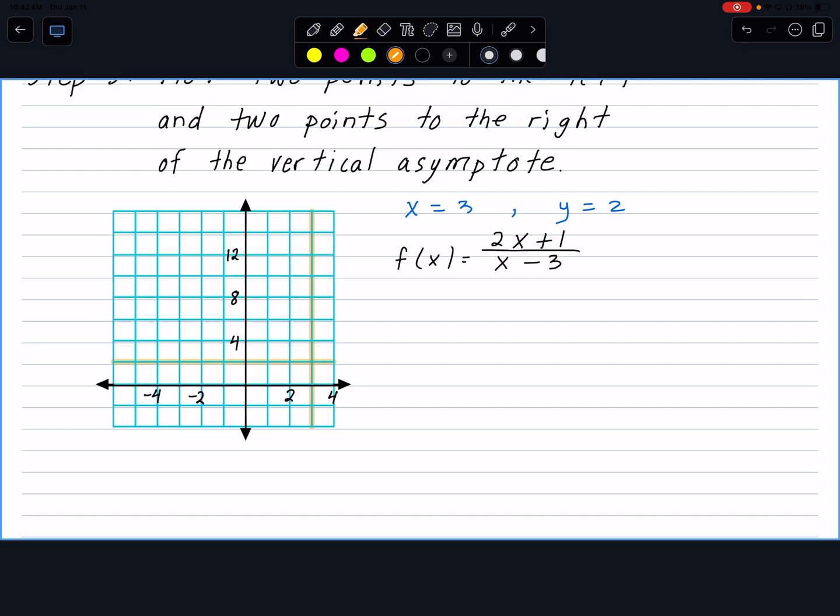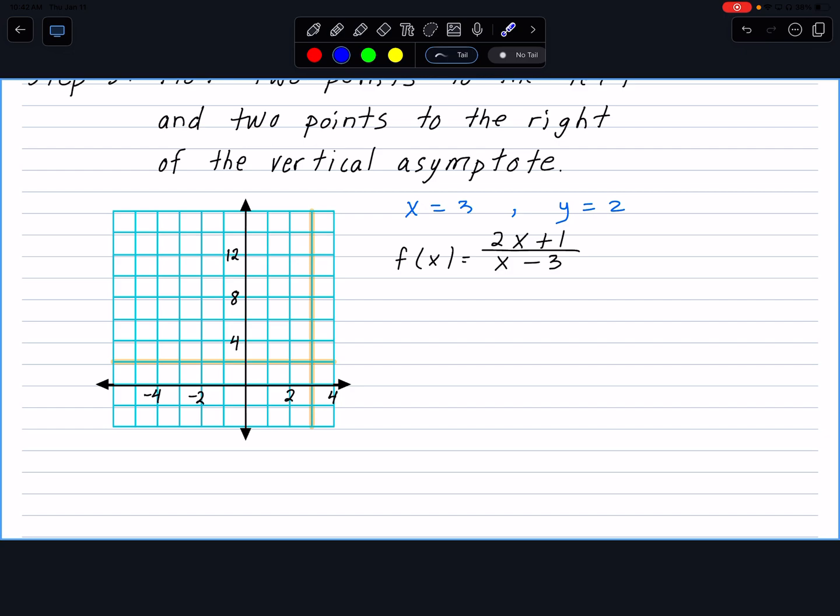So from here, and this is the big step, this is where things change for us a little bit. I'm going to look at this vertical asymptote. I'm going to choose 2 numbers to the left of it and 2 numbers to the right of it.